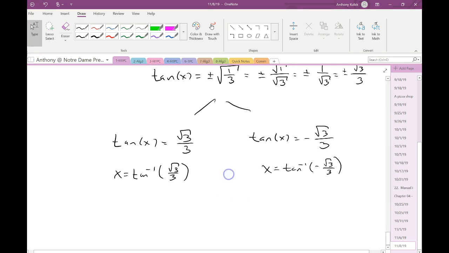Okay. What I'm going to do now is go to my unit circle and look for places where I get these values for tangent.